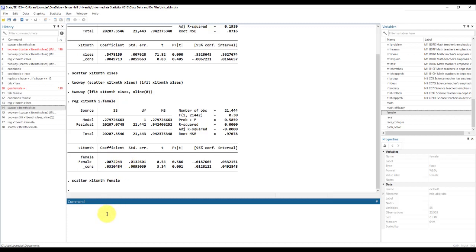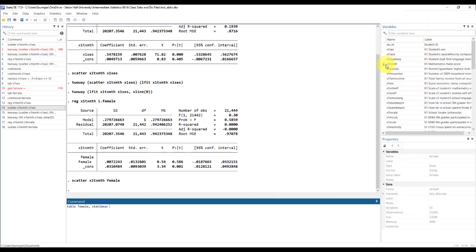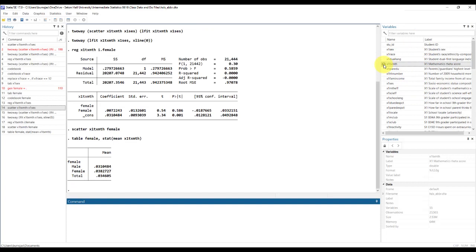This is really the same thing as if you did a t-test. For instance, if we did a conditional means table for this math variable, we would get the same information that we see up here.